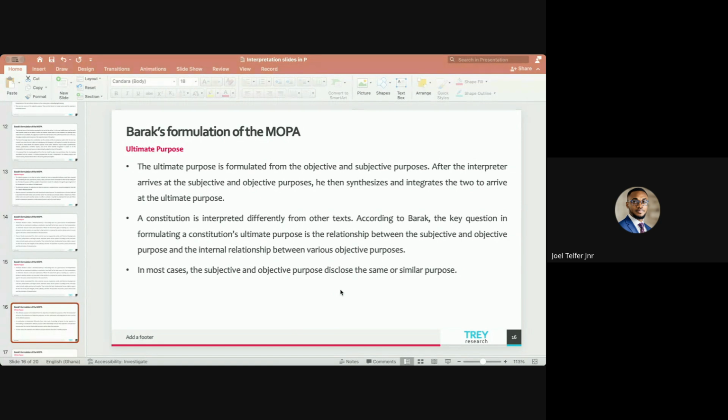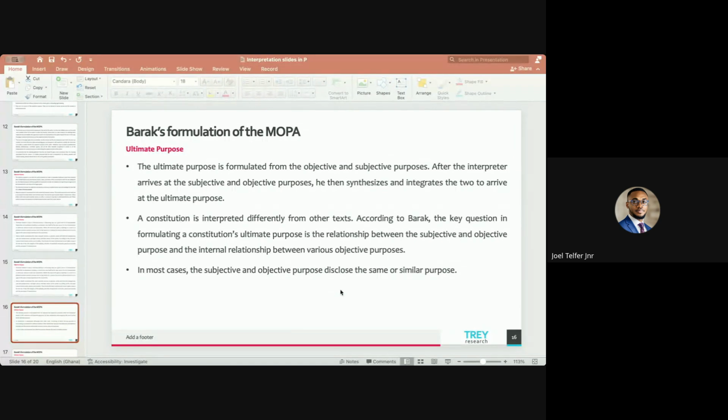And when we come to do the interpretation of non-statutory documents, which I hope we will be able to cover tomorrow, you'd realize that when it comes to those documents, we always proceed on a subjective purpose before we move to any objective view of the interpretation that we are doing.